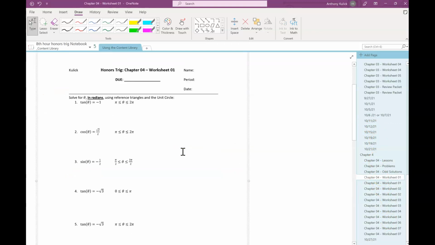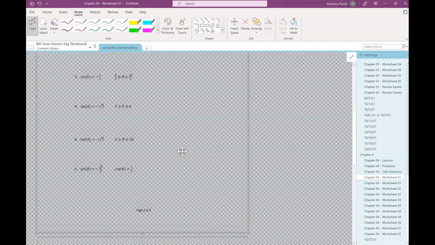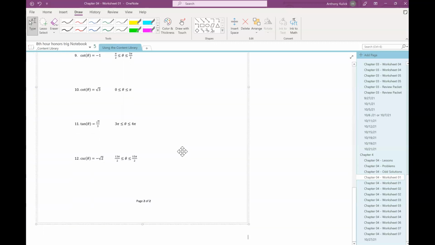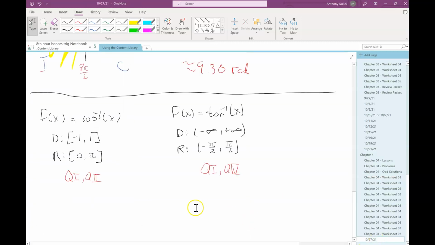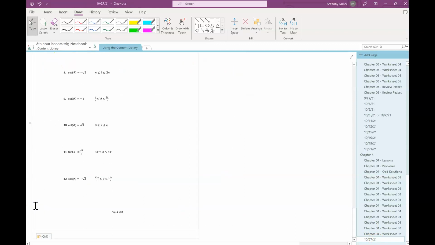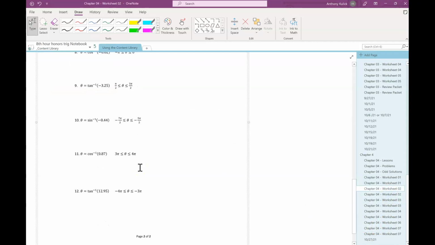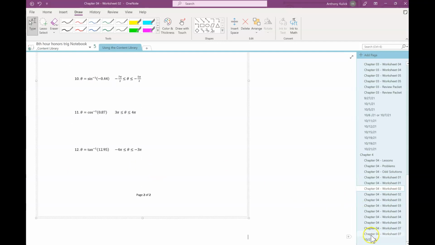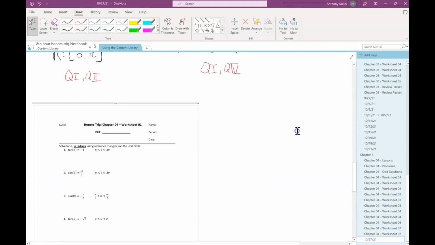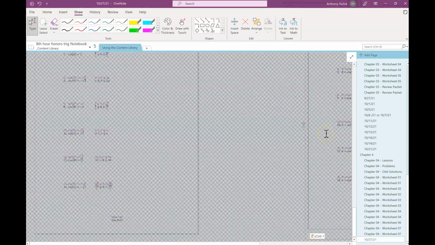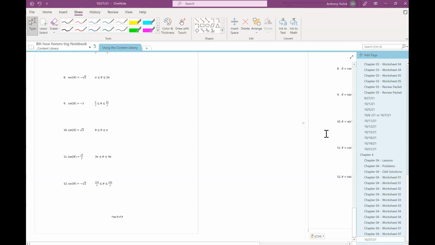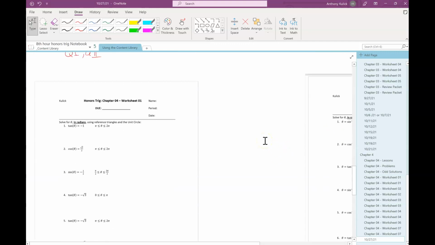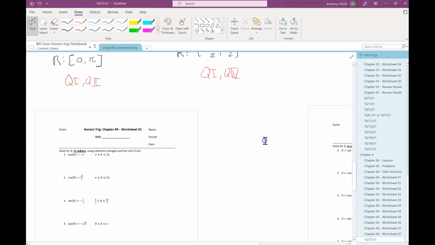I'm going to do a couple examples from these first two worksheets, and then I'm going to release you guys to work on those. Sound good to you guys? Try to find some time to do some work in class and let you guys ask questions and fight through things.